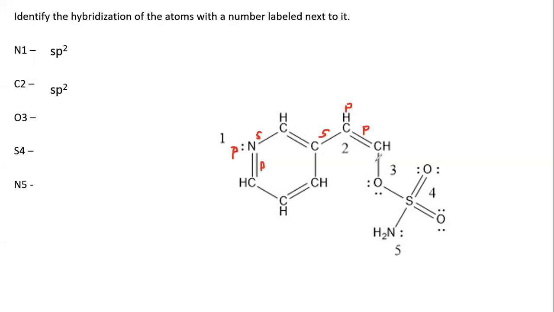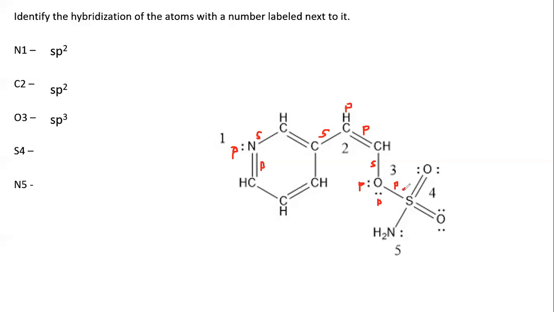Now we go to oxygen, we have S, P, P, P. And so this would be sp3 hybrid orbitals. Next we go to sulfur.